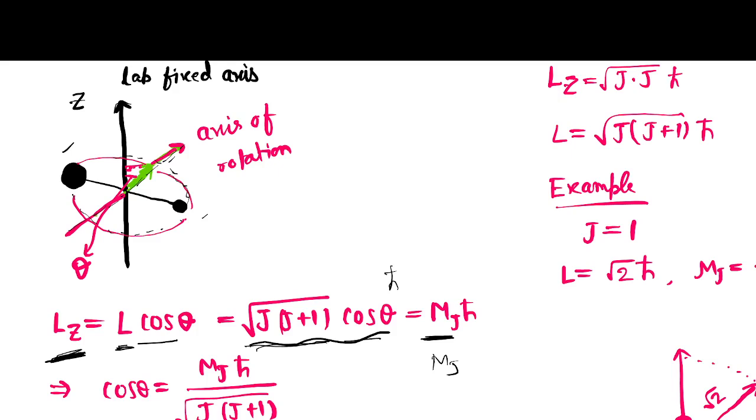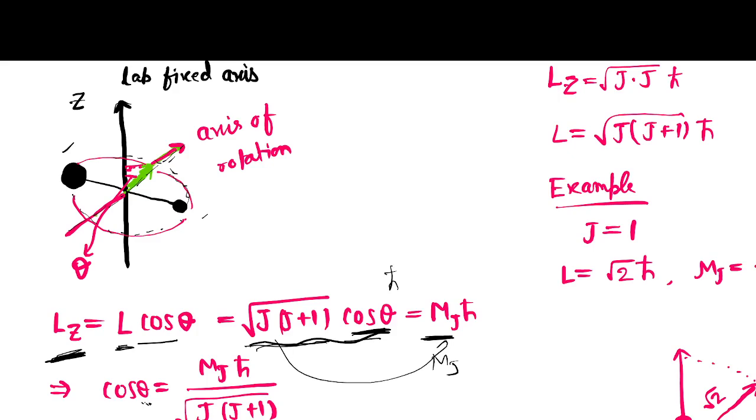So cos theta will be mj h cut divided by root J into J plus 1. The value of cos theta can be between minus 1 to plus 1, and the mj value can be minus j to plus j, in total 2j plus 1 for the degeneracy.